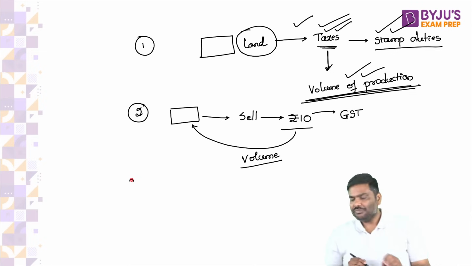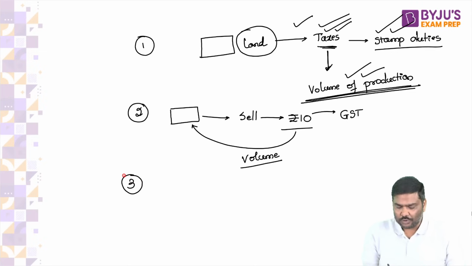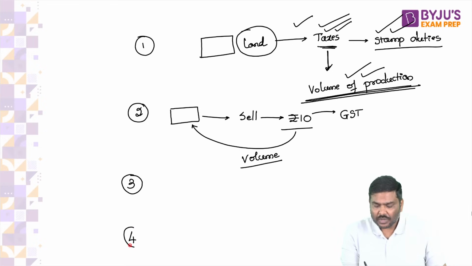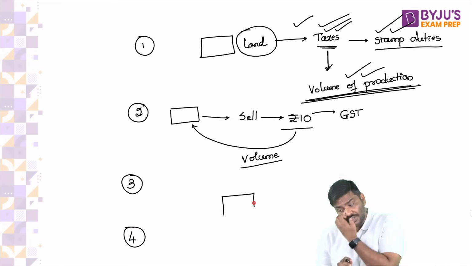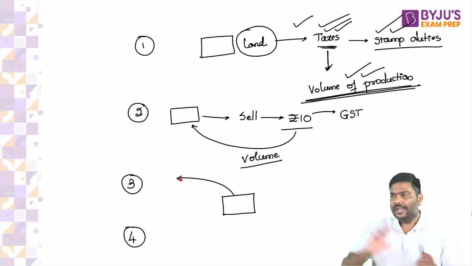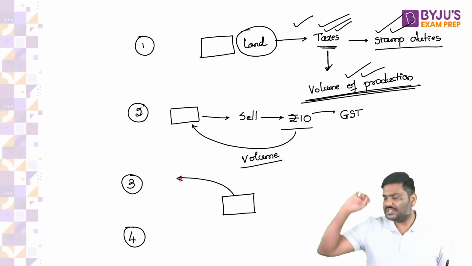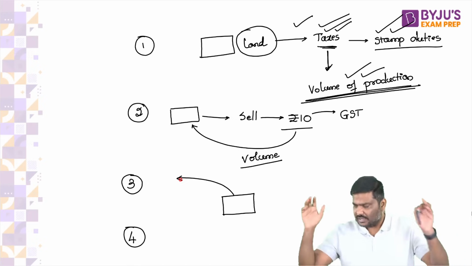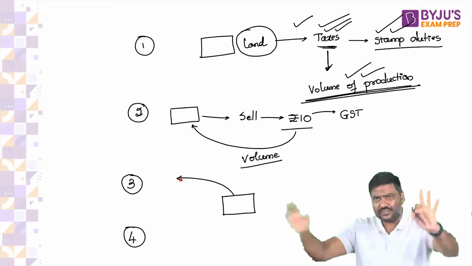Now, I'll give you two examples here. Understand this. Imagine you're producing a particular good. Now, in one example, government will give you simply subsidy. For example, let's say, imagine you're setting up a manufacturing facility.